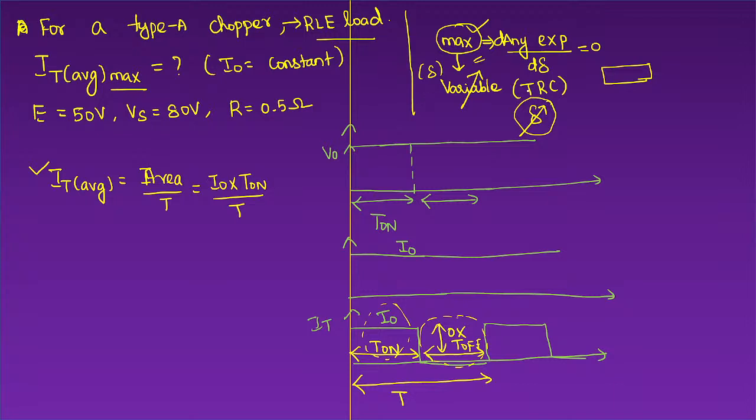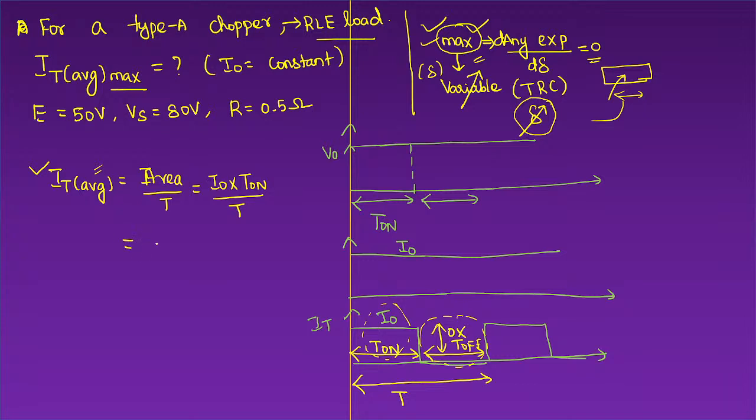The generalized approach: differentiate the expression with respect to the variable or controllable parameter, then equate it to 0 and solve. That will give you a resultant value. Again, resubstitute that into the normal expression. That will give you the maximum value. This is the generalized procedure. I will show you, no issue.